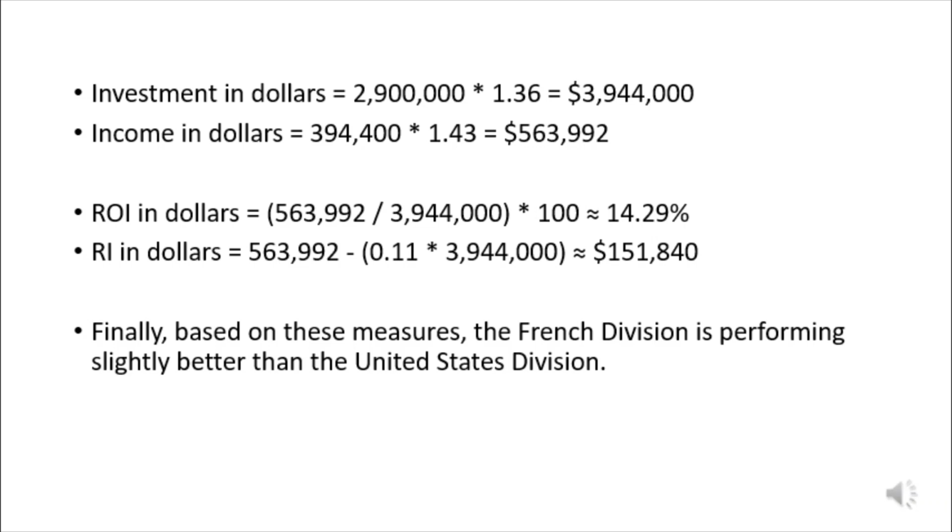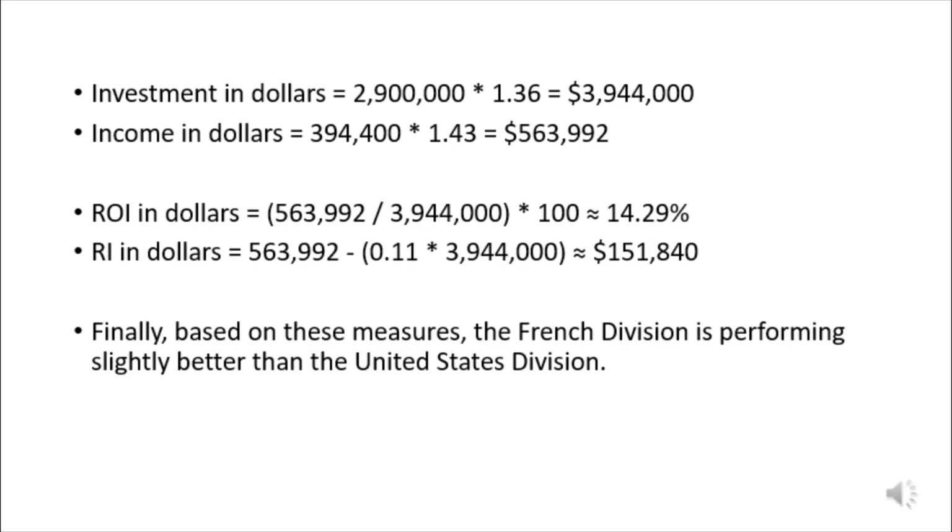Later, we calculated the ROI in dollars. It is 14.29%, and the RI in dollars is $151,840. Both divisions have positive return on investment, indicating that they are generating returns above their investments.